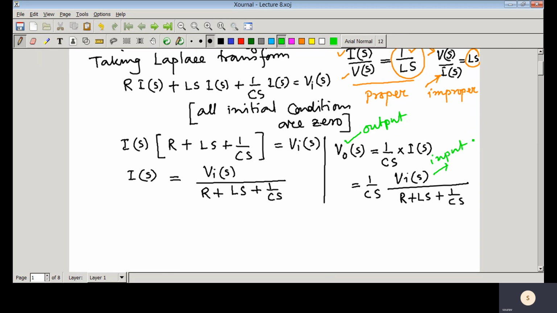In our input output form, output by input, Vo(s) by Vi(s), if you simplify it, the Cs will cancel out, and that is 1 by LCs squared plus RCs plus 1.